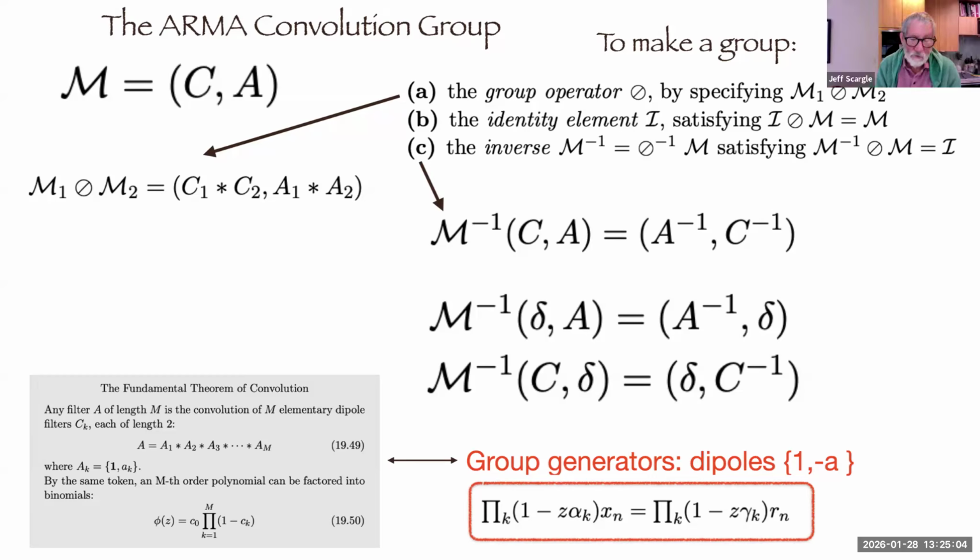Good question. I don't know enough group theory to know if there are some groups that don't have generators. But technically, I believe this would be called a Lie group because the coefficients are continuous variables, not discrete.